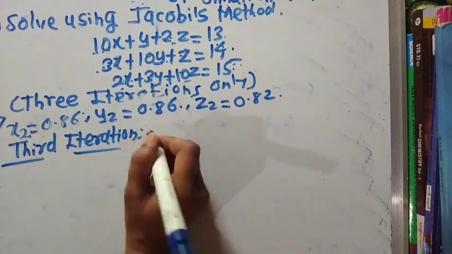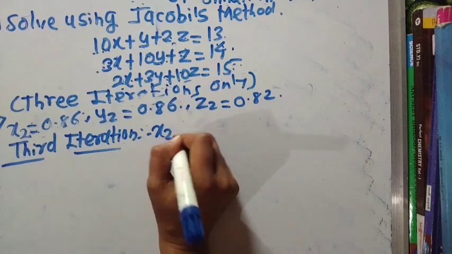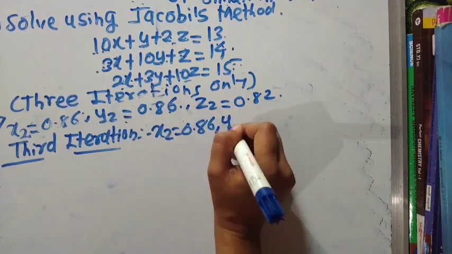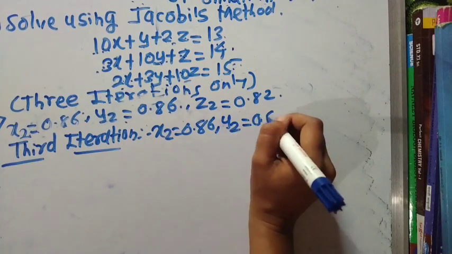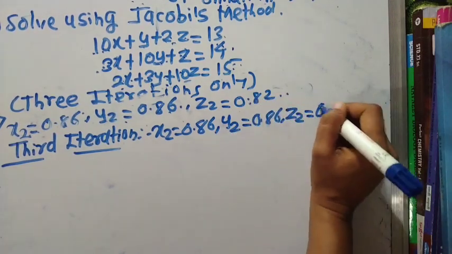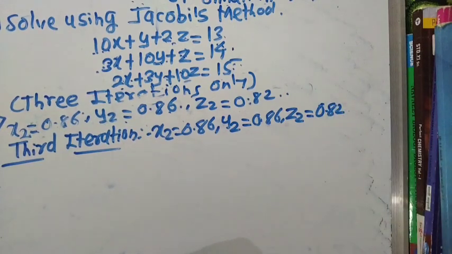For the third iteration, x2 is equal to 0.86, y2 is equal to 0.86, and z2 is equal to 0.82.